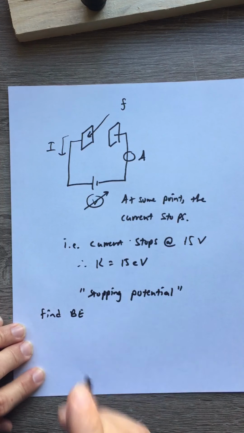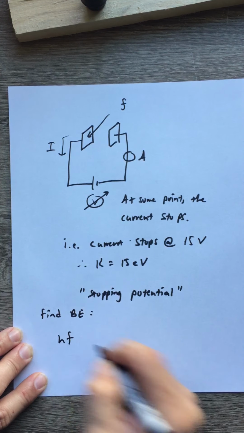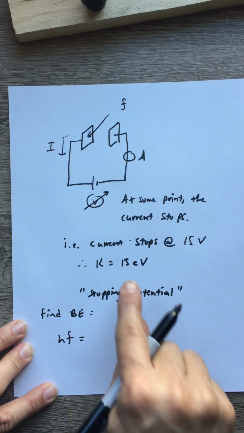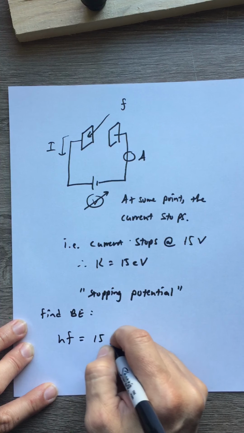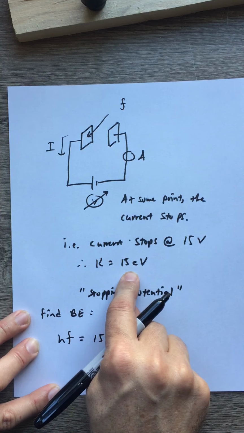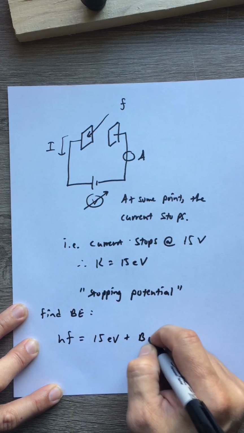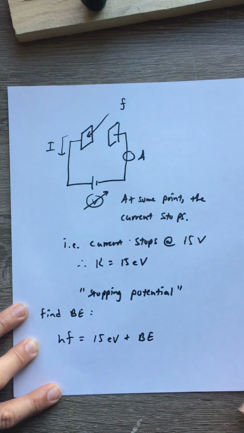So what that means is that the total energy of the photon has to appear in the electron as whatever this is, this 15 eV, the energy that they have, plus the binding energy of the electrons when they're in their atoms.